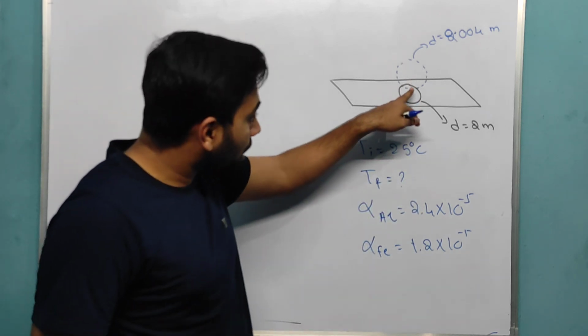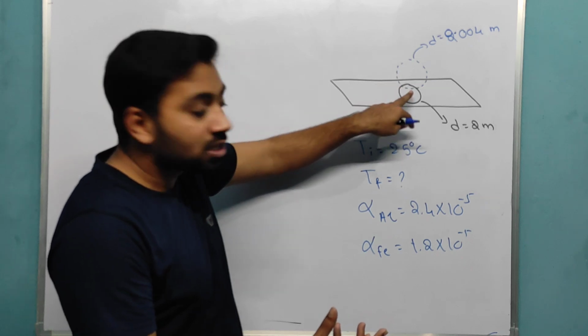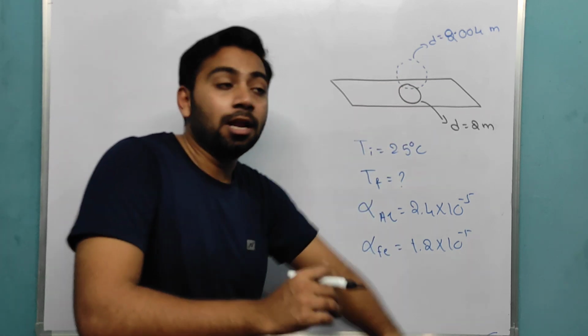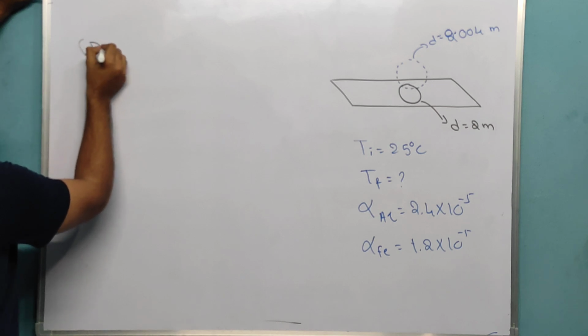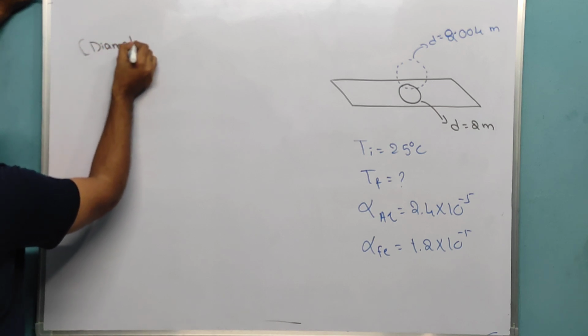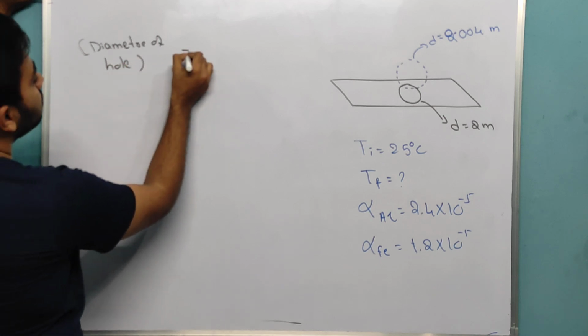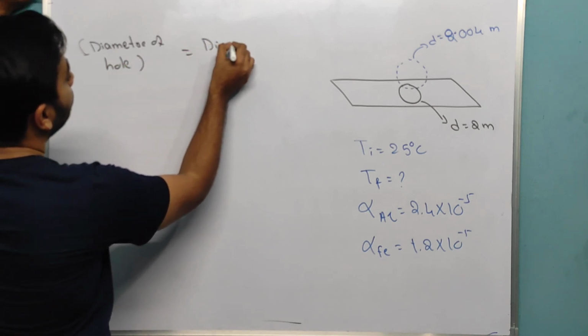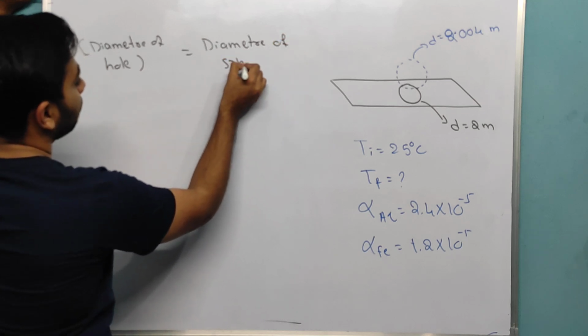When the ball fits into the hole, the diameter of the sphere and the diameter of the hole will be the same. Correct? So can I start with that only? Can I start with diameter of hole is equal to diameter of sphere?